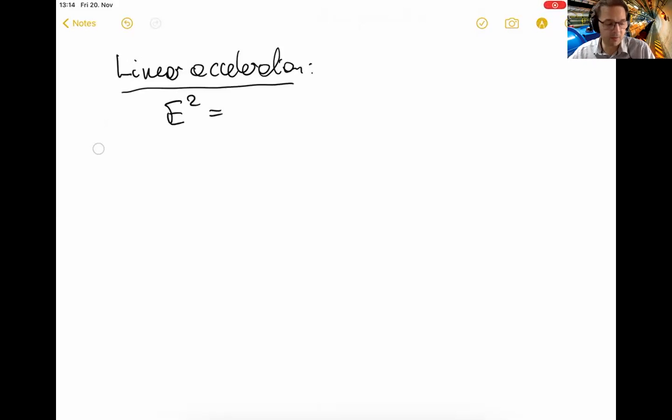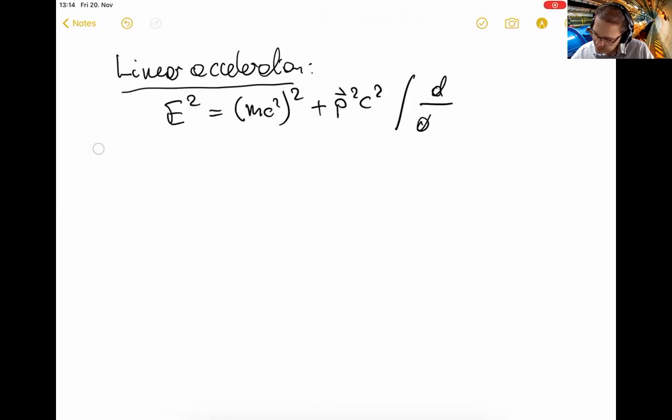We write the energy-momentum relation, E squared equals m squared c to the fourth plus p squared c squared, and we differentiate it with respect to the proper time.